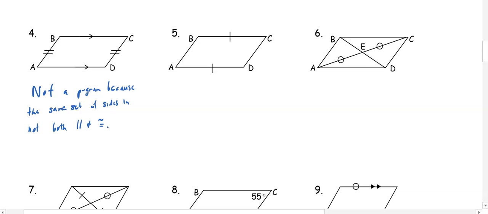In number 5, we have BC is congruent to AD, but we don't have anything else. So we would need a second side. So this is not a parallelogram because only one set of sides is congruent.